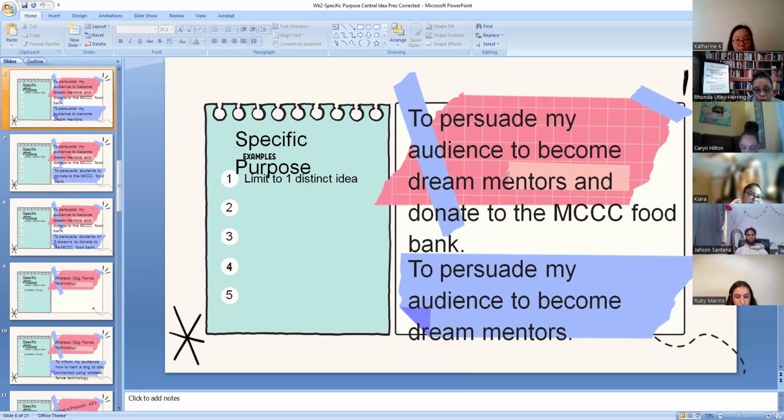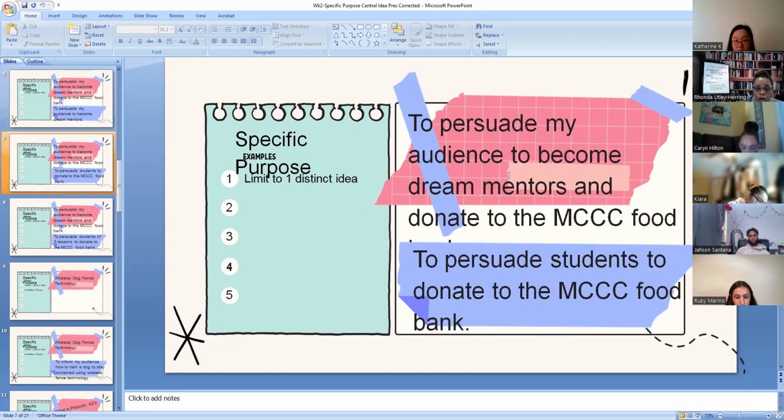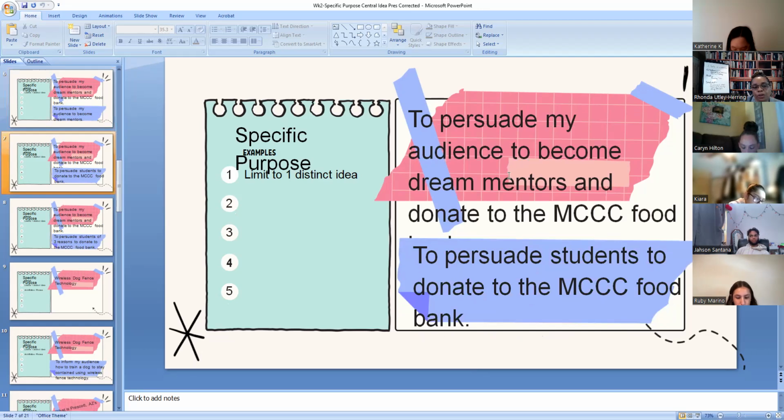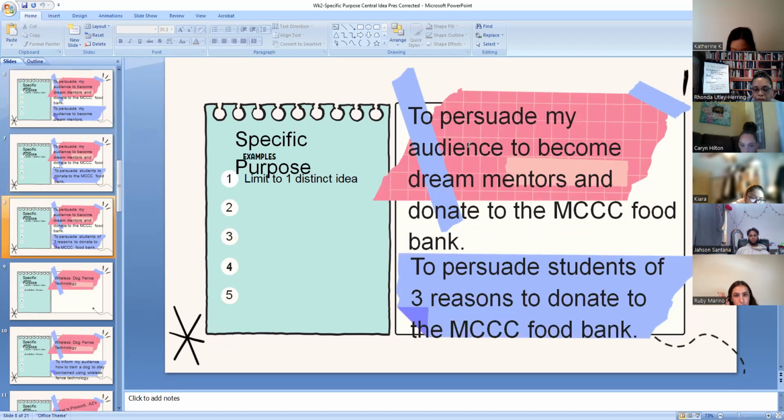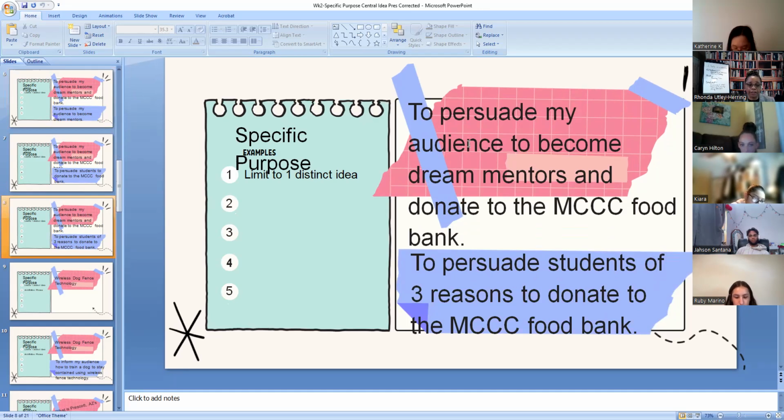So the first one would be to persuade my audience to become dream mentors. The second one is to persuade students to donate to the MCC Food Bank. But you can't have two ideas in one specific purpose. You have to decide what it is you want the audience to know.